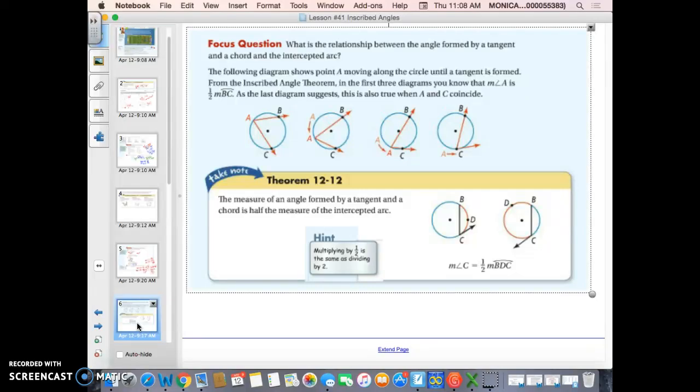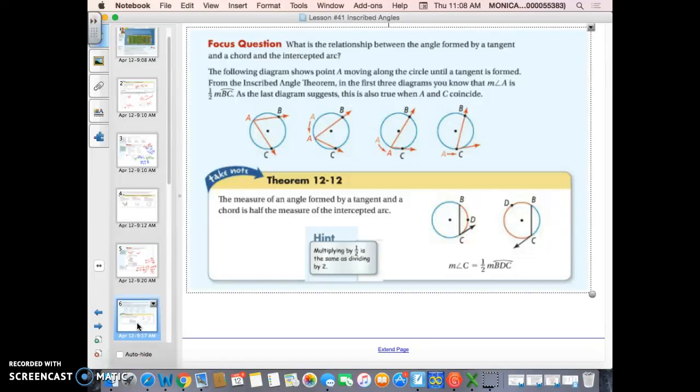All right, so what is the relationship between the angle formed by a tangent and a chord? Well, it's essentially the same. It's 1/2 the arc. So anytime you have a tangent or an inscribed angle, the measure of the angle is always 1/2 the arc.